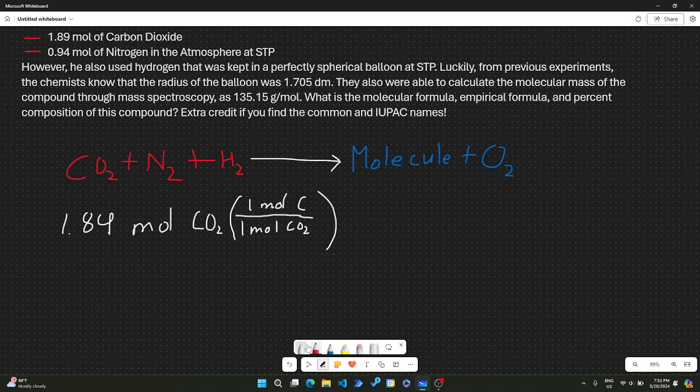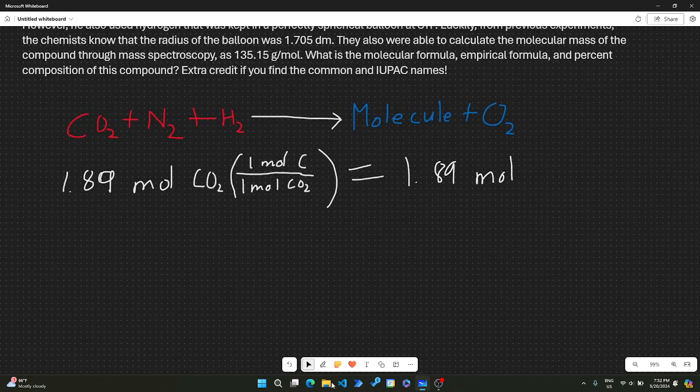Now for this, 1.89 times 1 is just 1.89 moles. So we have 1.89 moles of carbon.